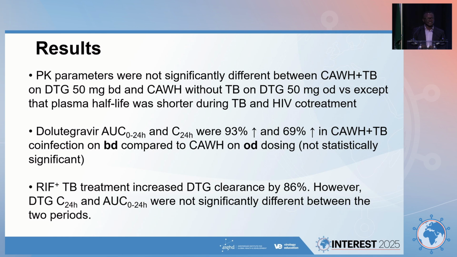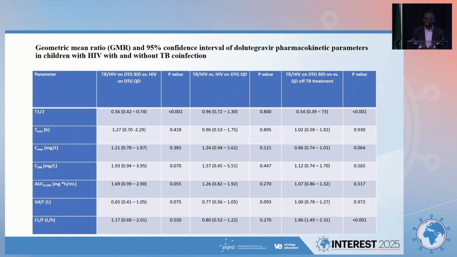Rifampicin-based treatment increased DTG clearance, however, by 86%, but there was no significant difference between the two periods in those with tuberculosis co-infection. With regards to the geometric mean ratio and 95% confidence interval, this really showed no statistically significant difference. The only real observed difference was an increased clearance and half-life of dolutegravir whilst they were on rifampicin-based treatment.